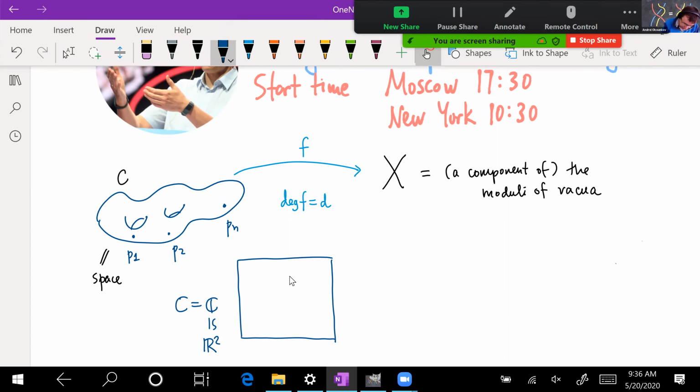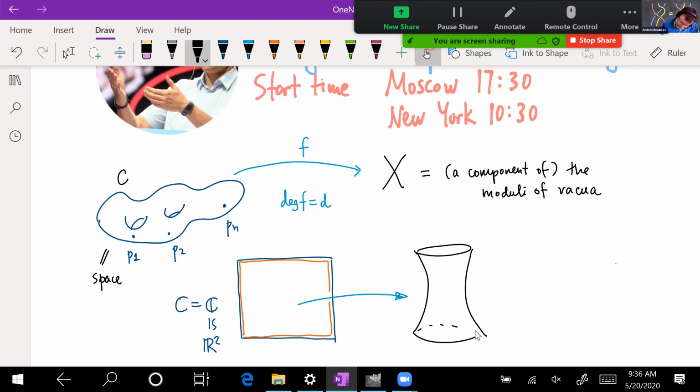So we still have maps to X, but the boundary, the infinity, maybe I'll highlight this infinity, this whole thing is mapped to one particular point in X. Let's just draw a picture, so this is my X. This is saying I want to study the situation in flat Euclidean space, with the boundary condition that at infinity I'm in one particular vacuum.